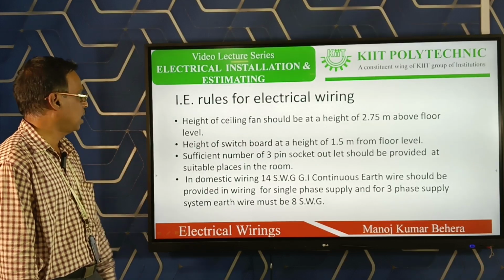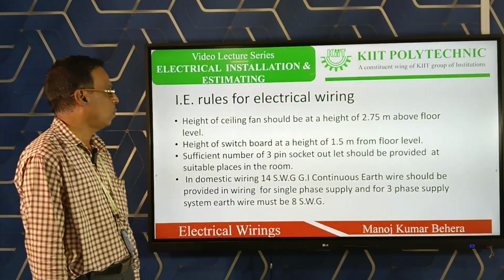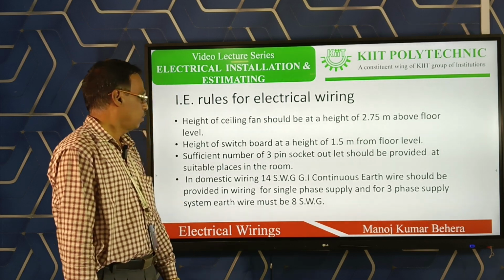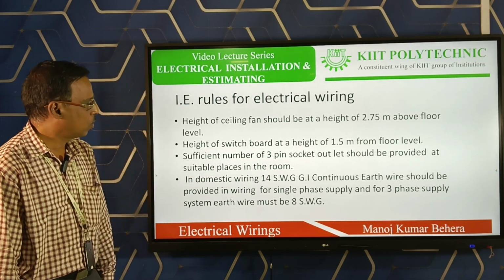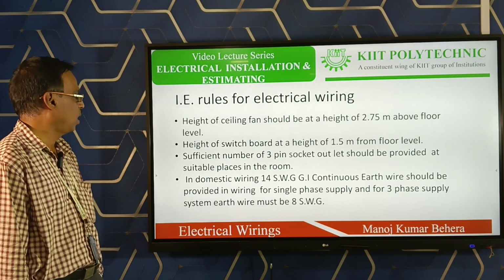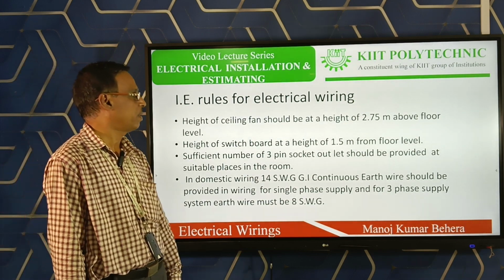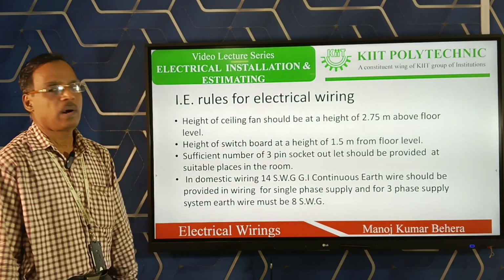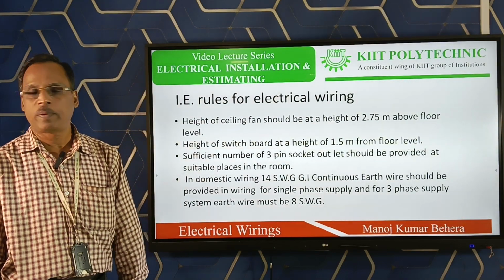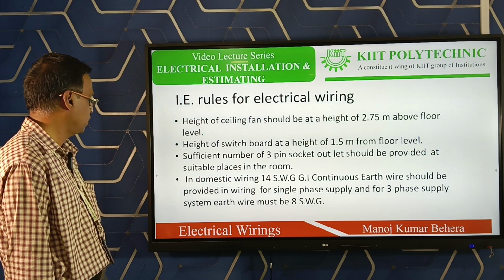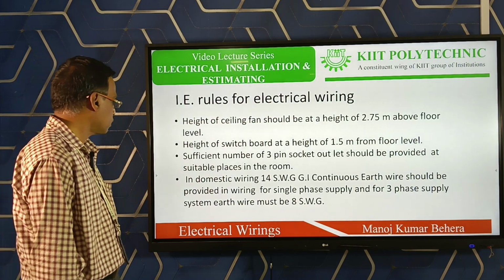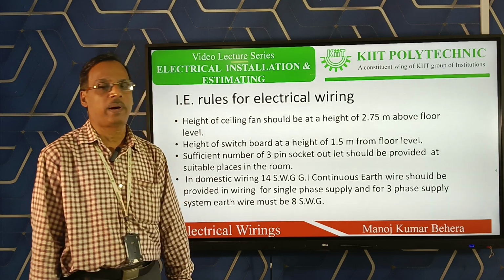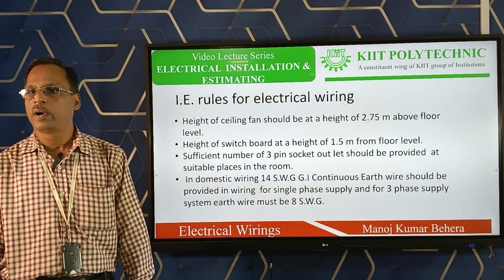Next rules: the height of the wiring should be 2.5 meters above the floor level and the height of the ceiling fan should be 2.75 meters above the floor level. The height of the switchboard should be 1.5 meters above the floor level, and a sufficient number of 3-pin socket outlets should be provided at different points.